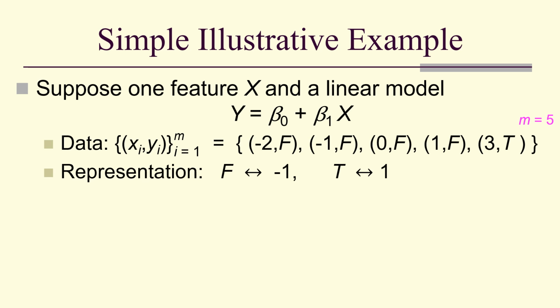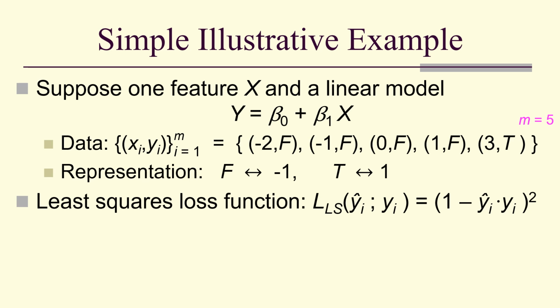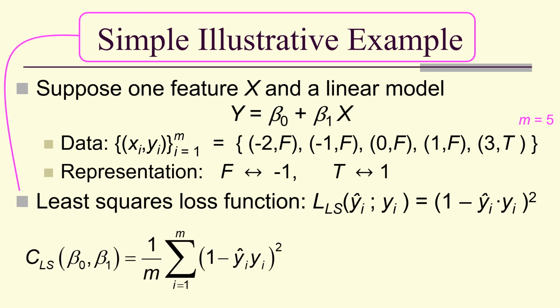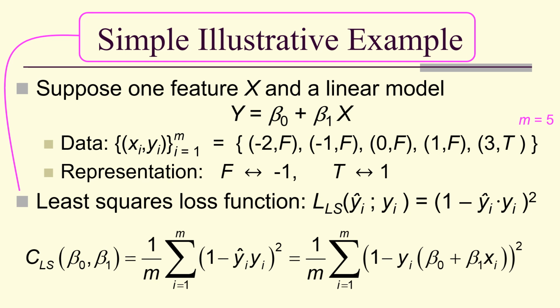All these f's correspond to negative 1, and the t is just going to be 1. The least squares loss function is (1 minus ŷ_i times y_i) squared. And this is just a simple example, 2 parameters, nothing significant going on. I'm just illustrating the ideas. So this is my cost function, and this is what it looks like when we write it out.